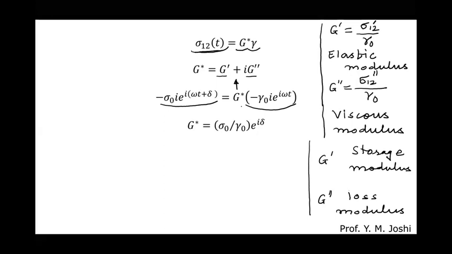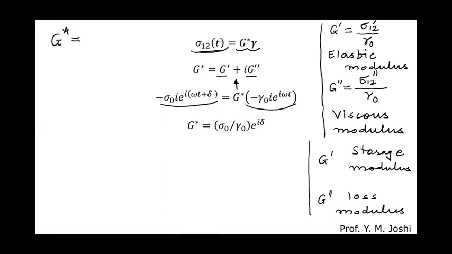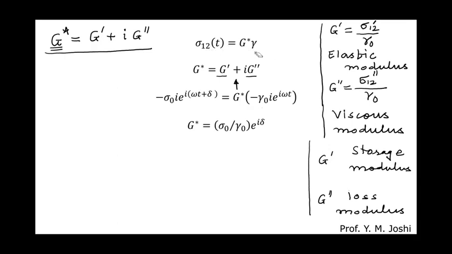What we are saying is that complex modulus is that modulus whose real part is elastic modulus, while its imaginary part is viscous modulus. All right. So this is a new definition where we define complex modulus in this particular fashion. And now we say that stress is complex modulus times strain.